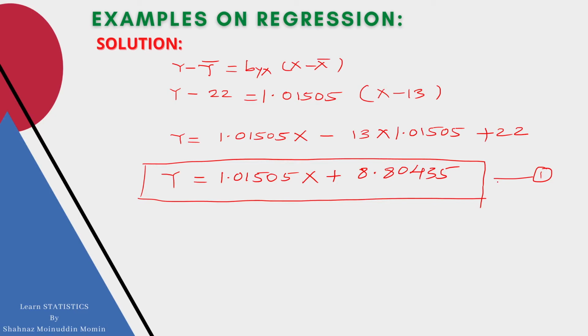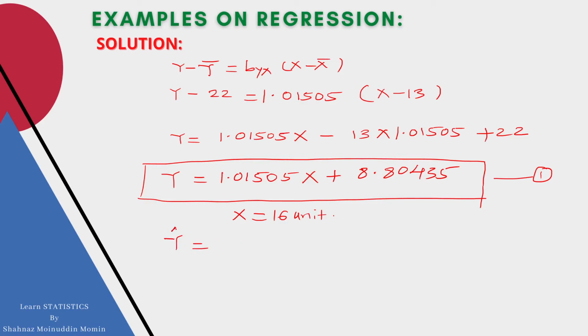Now we have to obtain the value of y, that is supply, for the price x equal to 16 units. How do we obtain it? Put x equal to 16 in equation 1, then we will get the value of y, that is the supply.